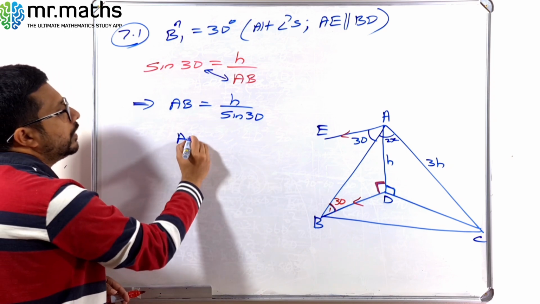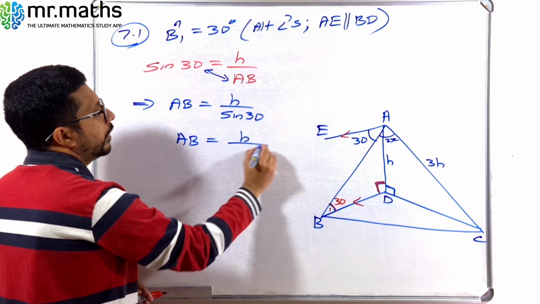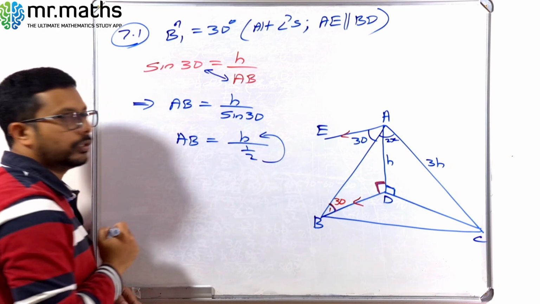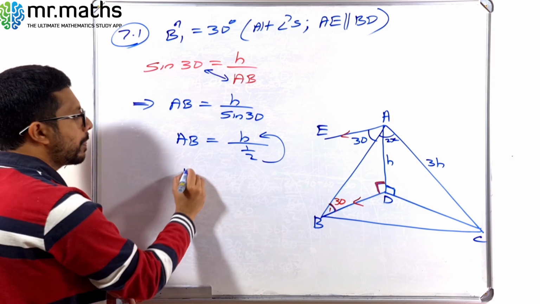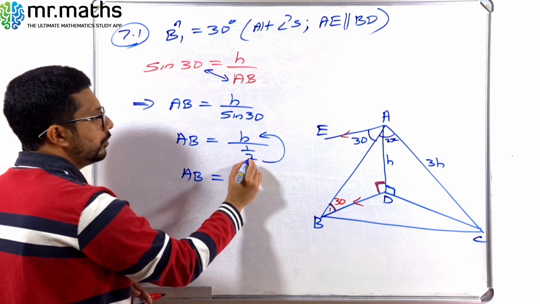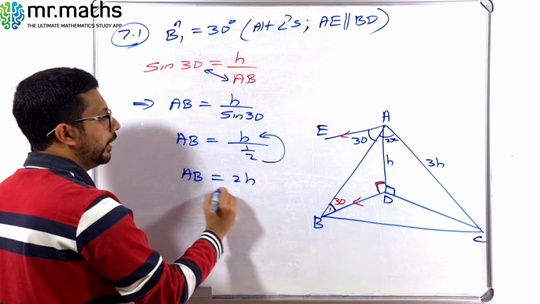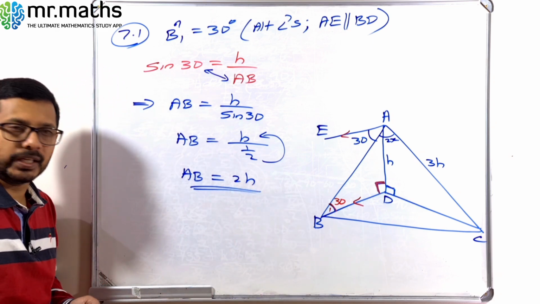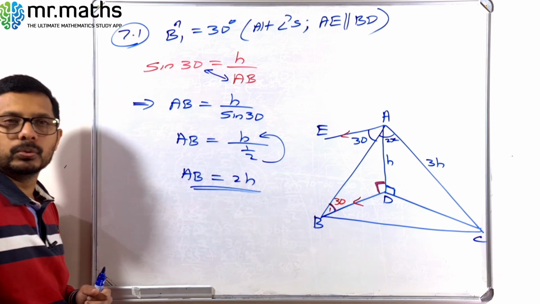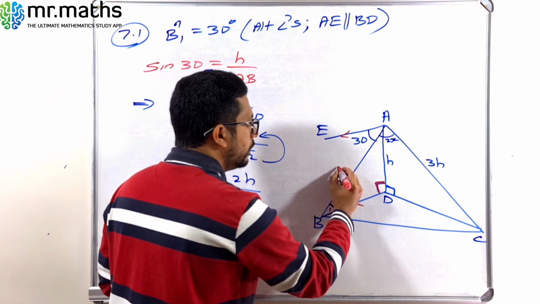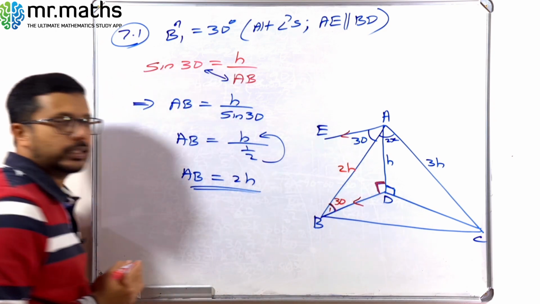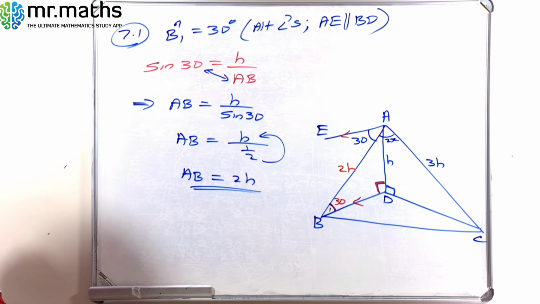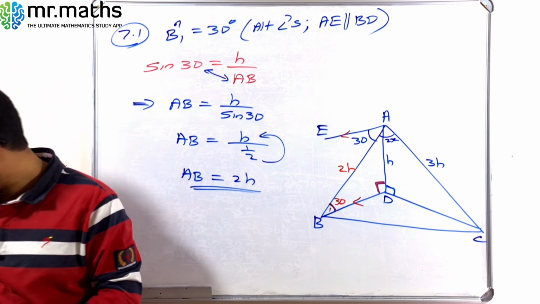So AB is equal to h divided by 1 over 2. Then the 2 will go to the numerator, so AB is equal to 2 times h, that is 2h. So we got an expression for AB in terms of h, 2h. Now next question, 7.2.